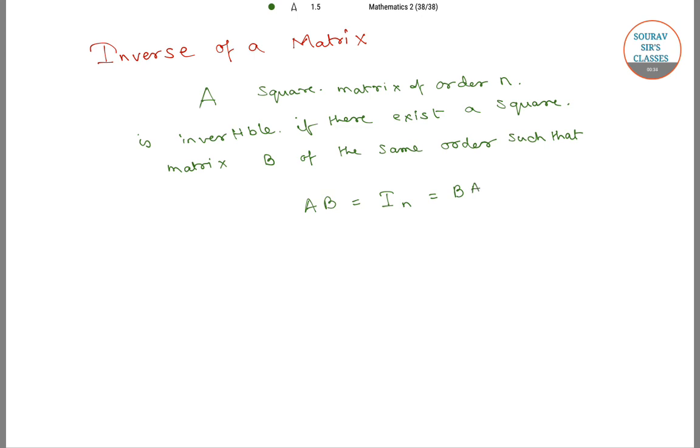In such a case, we say that the inverse of A is B, and we write it as A inverse = B.